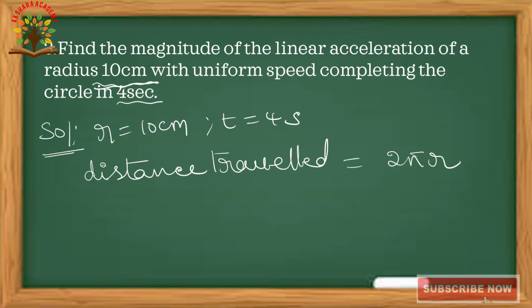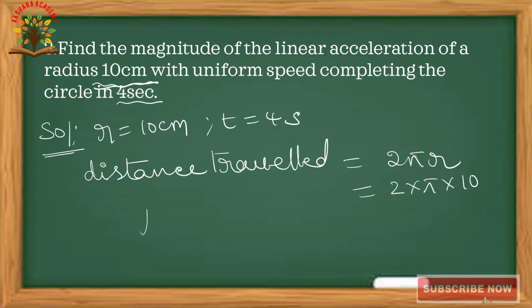Here they have given uniform speed, completing the circle. The circumference of the circle gives the complete distance, so we are taking 2 pi r, which is nothing but the circumference of the circle. That gives the distance traveled. So 2 into pi into r, which is 10. So this is the distance traveled value.